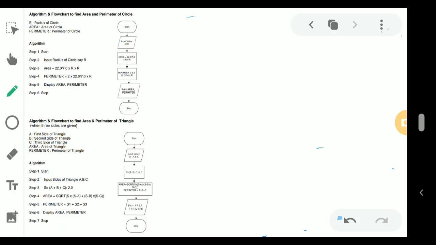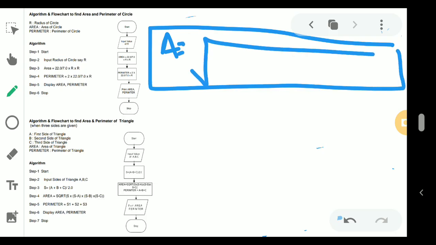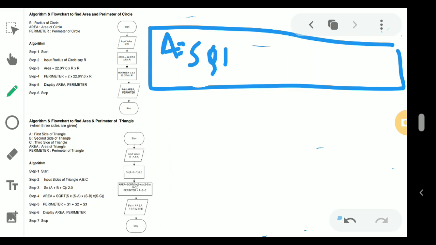So I am writing A, which comes in a process box. A equals root of, but root I cannot write in coding, so what we actually give is SQRT.